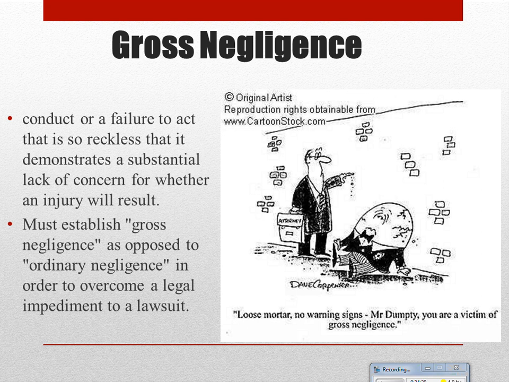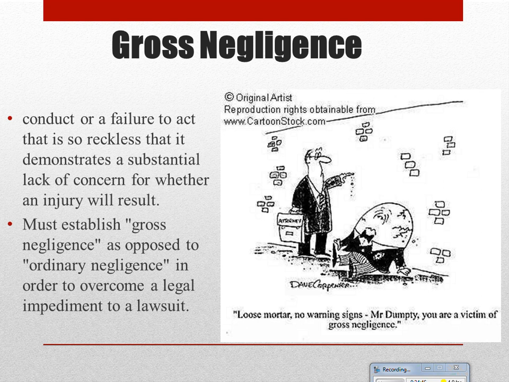So we have this cartoon here that says, loose mortar, no warning signs. Okay, Mr. Dumpty, you are a victim of gross negligence. In other words, the wall is crumbling as you're sitting on top of it and you fall and crack your head open, as in Humpty Dumpty.